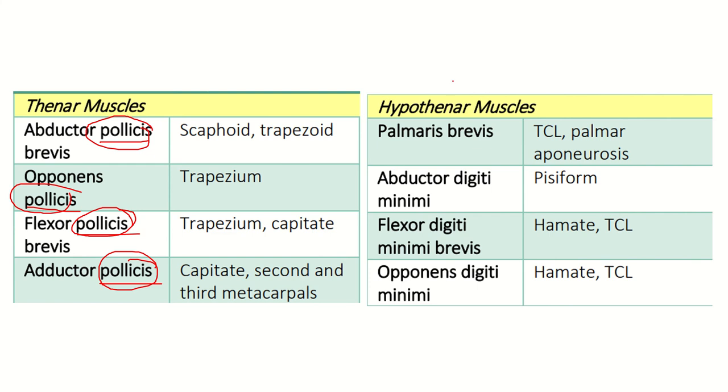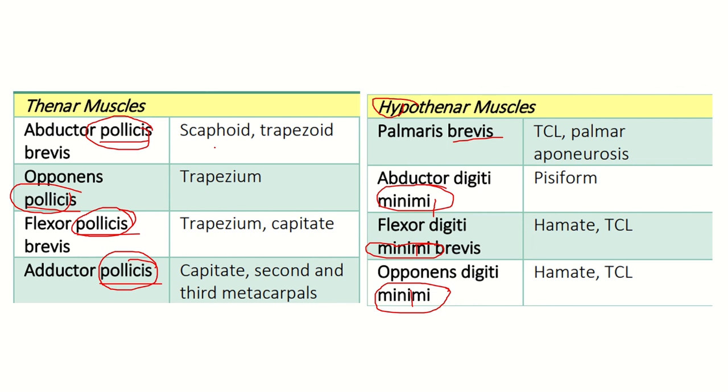And in the case of the hypothenar muscles, we have palmaris brevis, abductor digiti minimi, flexor digiti minimi brevis, and opponens digiti minimi.